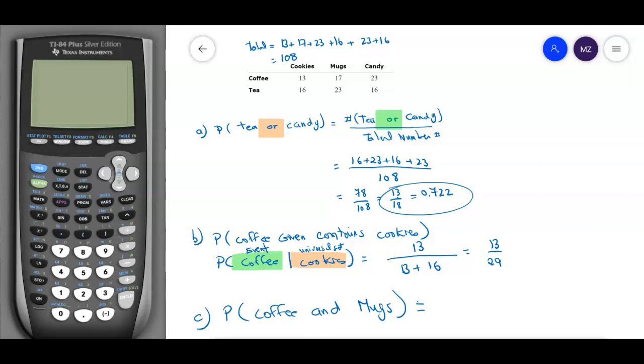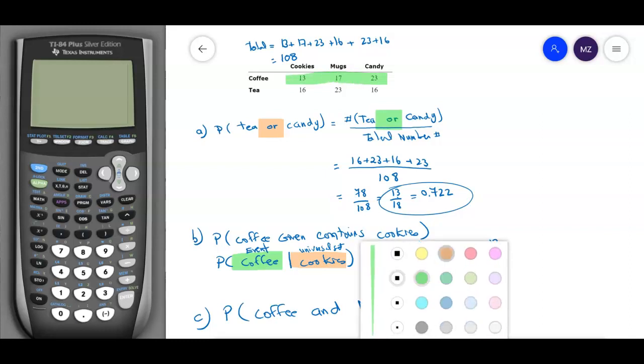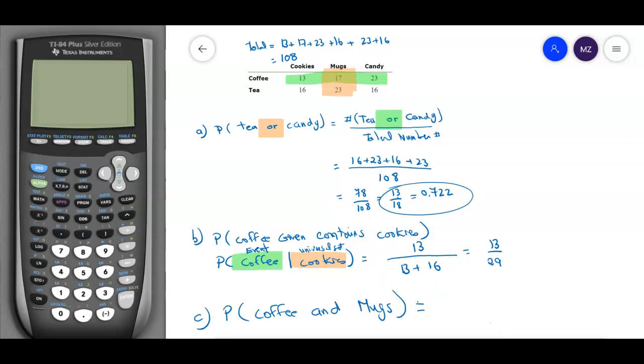If I'm doing coffee and mugs and I'm having the table, technically I'm going to highlight all the coffees, and then I'm going to highlight all the mugs. This is contrary to the OR statement. With the OR statement, you take any shaded area, and here you take only the double shaded area. So that's the intersection. And this is divided by the total again.